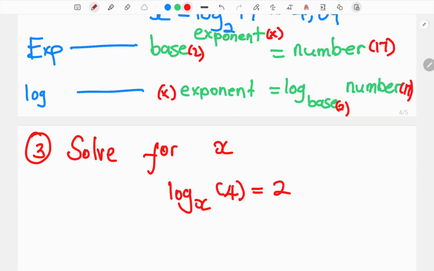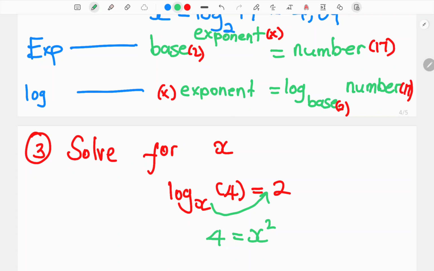How do you then solve for x? If you're given a function in logarithmic form, in order to solve for x, you convert it into exponential. We simply take the x and make it the base, because it's the base on this side. That means 4 equals x squared. We've converted. That's it.